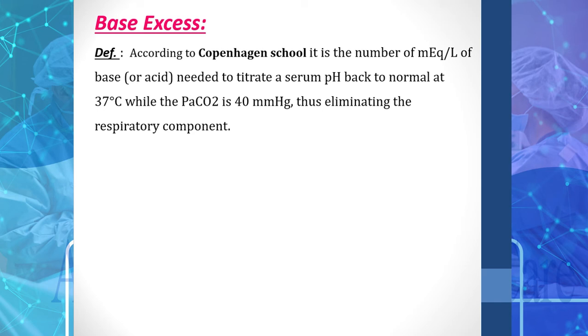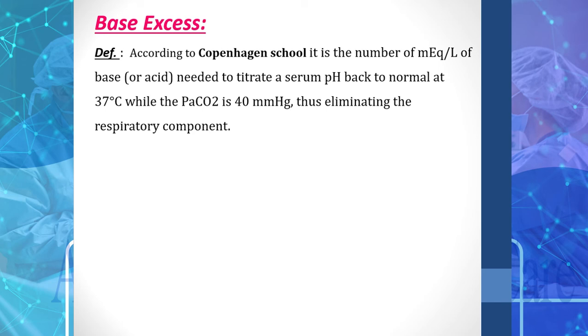Now the base excess, according to the Copenhagen School, is the number of milliequivalent per liter of base or acid needed to titrate the serum pH back to normal at normal temperature, 37 degrees, and carbon dioxide of 40, thus eliminating the respiratory component. We want to know only the metabolic component which is causing this acid-base disturbance.